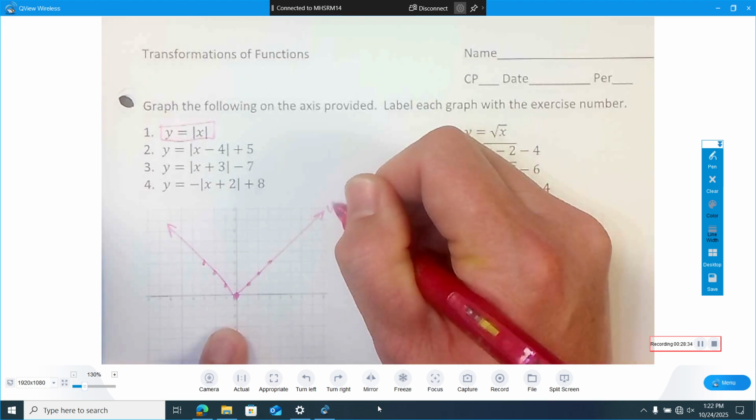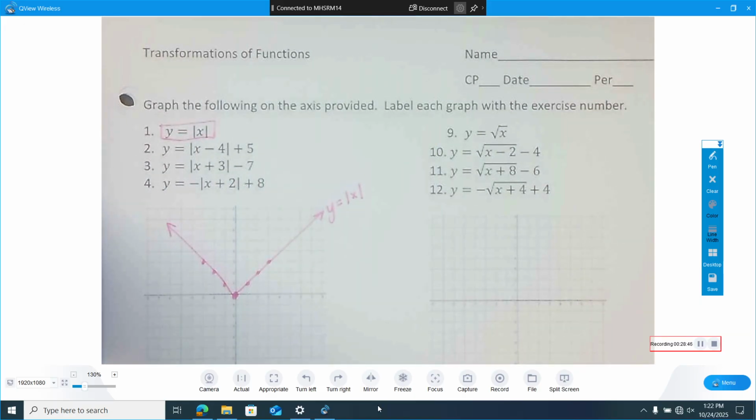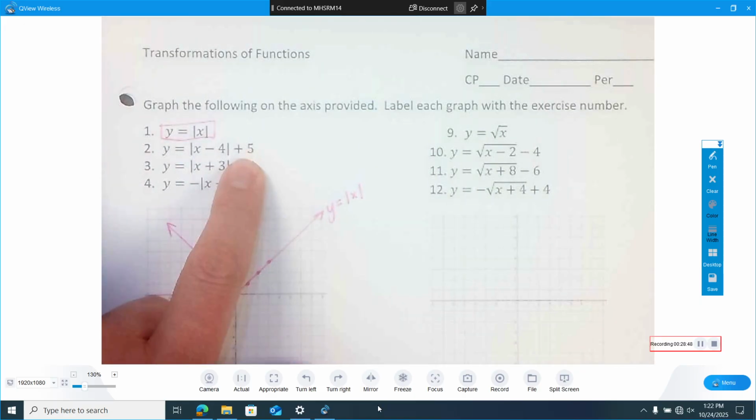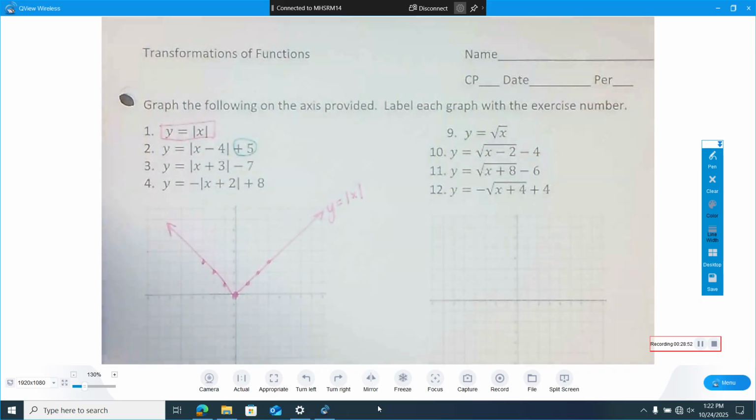So there is our absolute value V parent function. Give yourself a really nice, good graph there. That is our parent function. Now, when we add things or subtract things, we are shifting this graph. What happens to our absolute value graph when we add 5 on the outside of those absolute value bars? It goes up 5.